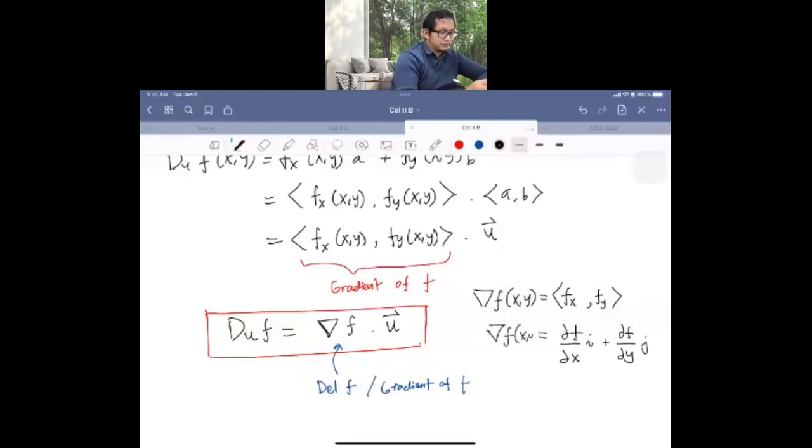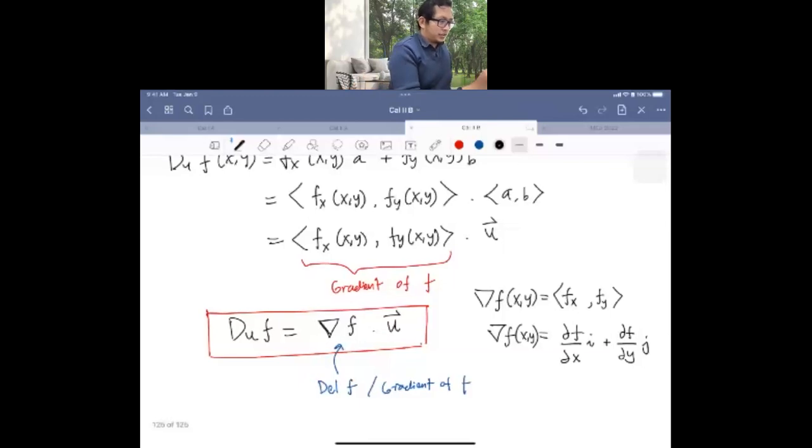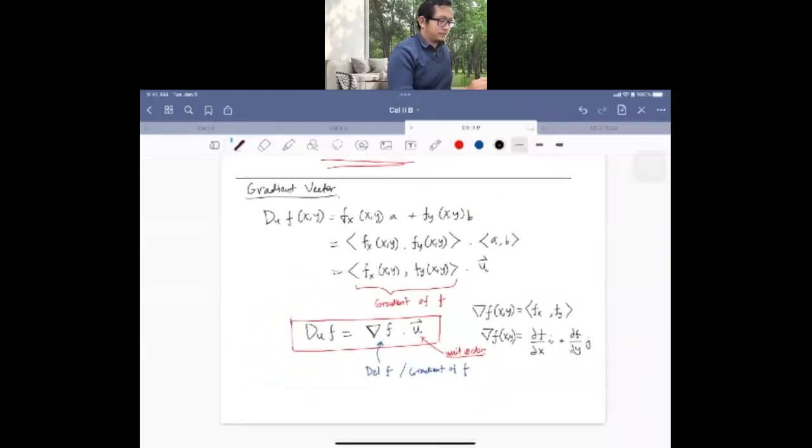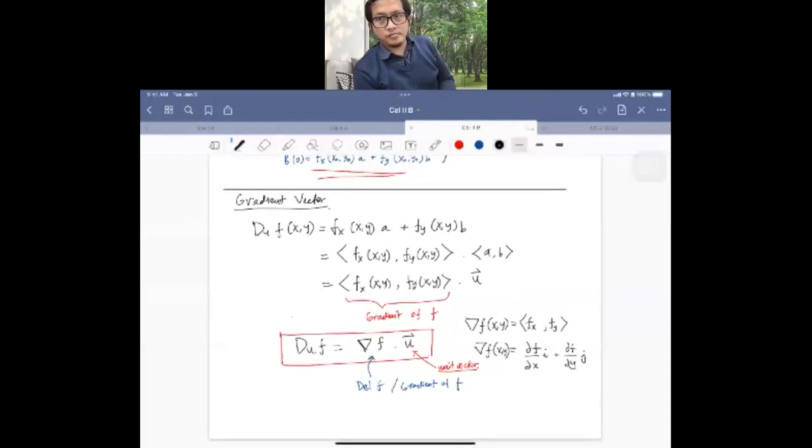This is the del f. And remember that this vector u is a unit vector. A unit vector. Okay, maybe giving you one or two examples if we have time.